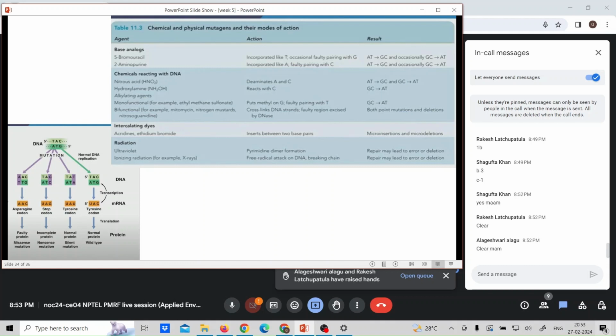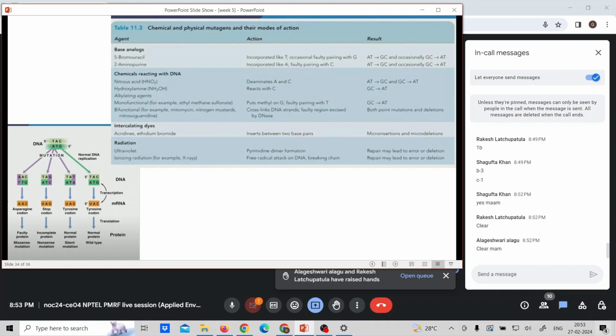In case of bifunctional agents, they do two functions, that is cross linking of DNA strands. When this cross linking happens, it is excised or cut by the DNA enzyme, which results in some point mutations or deletions. In the case of intercalating agents, as I told, acridines and ethidium bromide can be used.